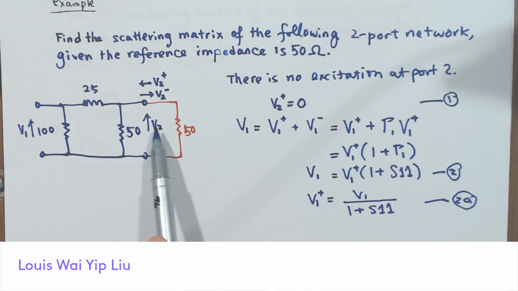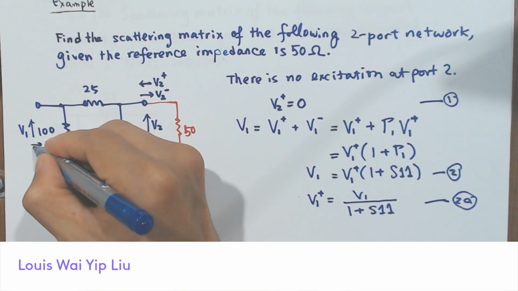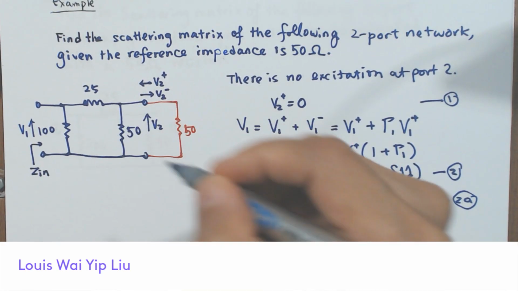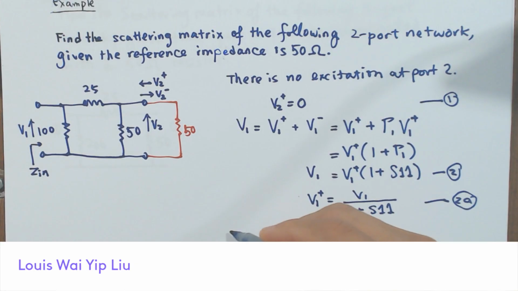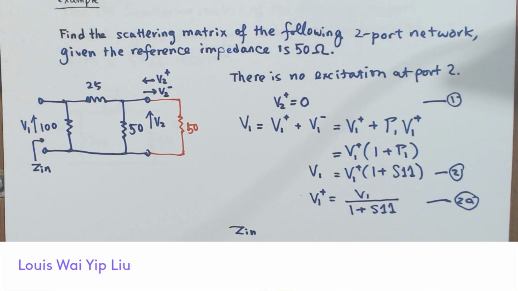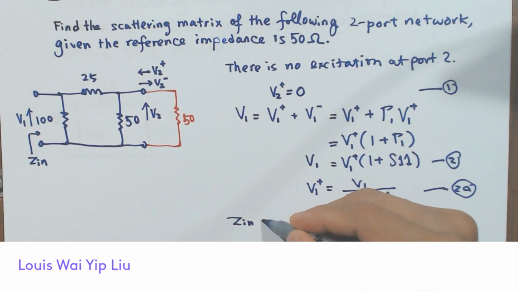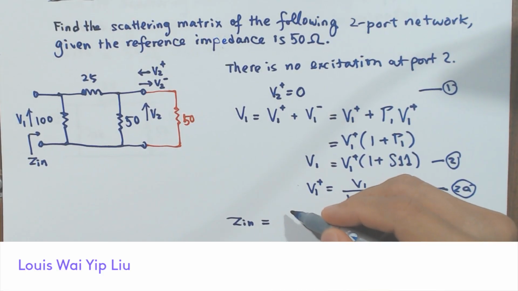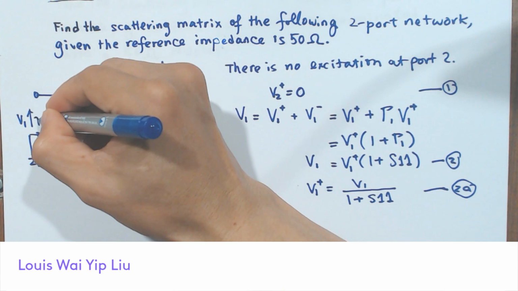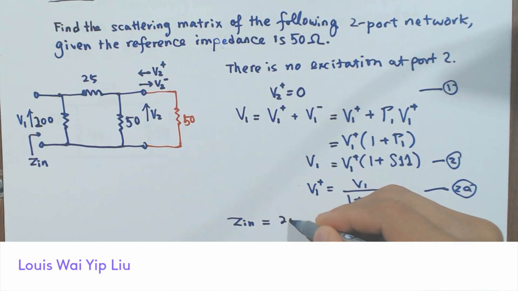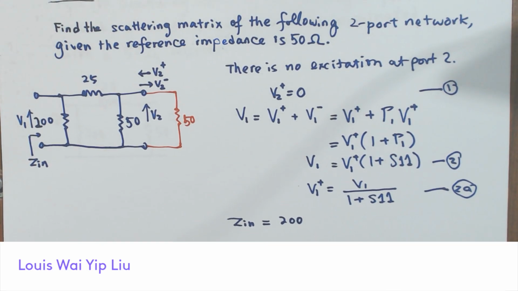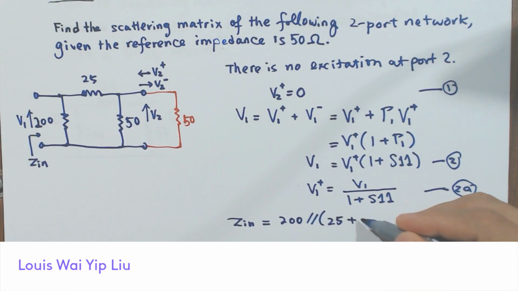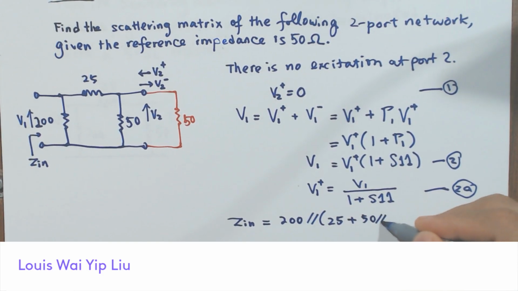In this situation, we know that the input impedance here is equal to 200, in parallel with 25 plus 50 in parallel with 50.